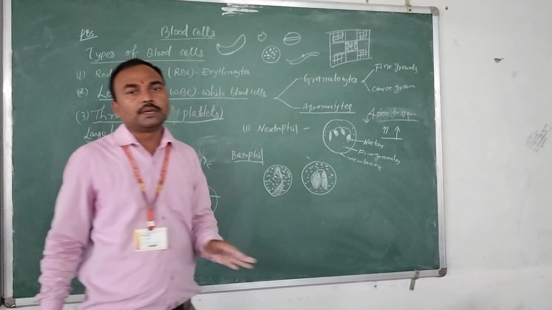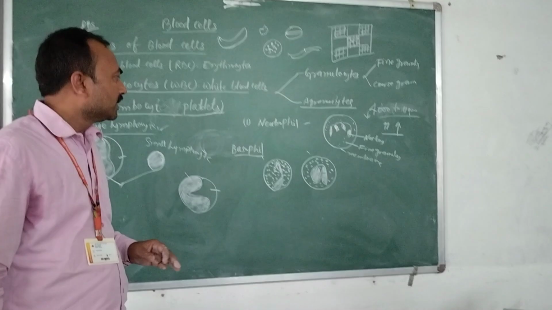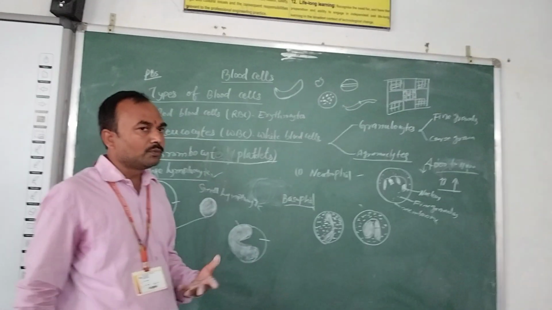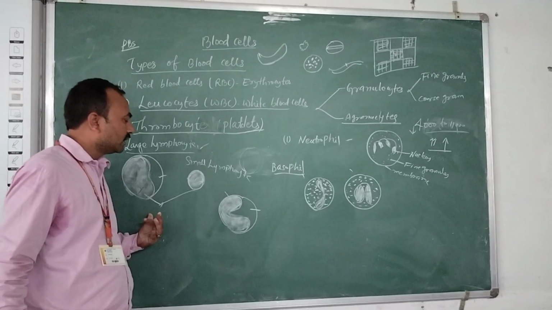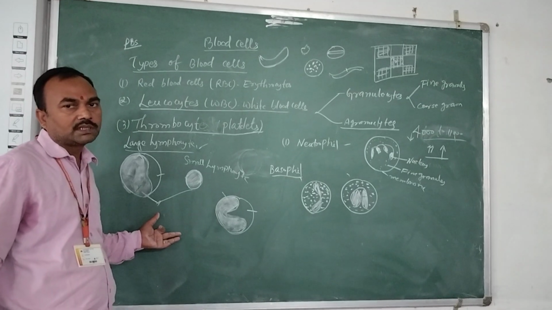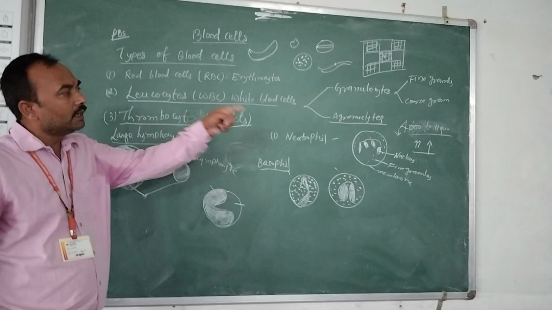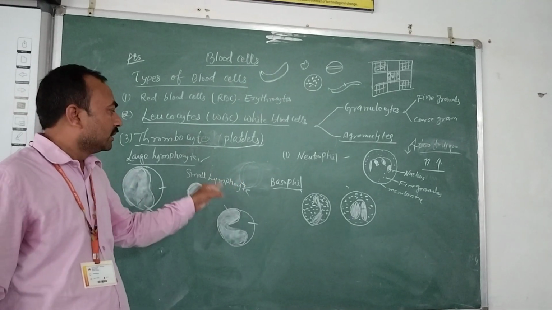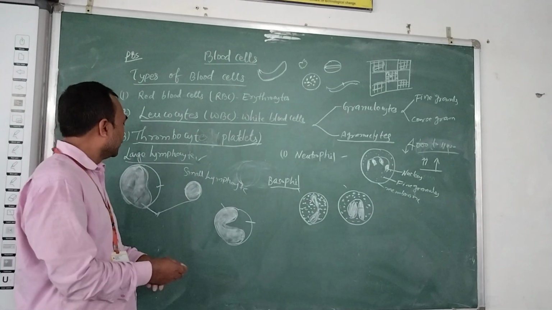So this is the way of writing the PBS comment on the WBC. Same with the basophils, same with the lymphocytes, we have to write lymphocytopenia or lymphocytosis to correlate with the total number of WBC cells. Okay, it's fine.